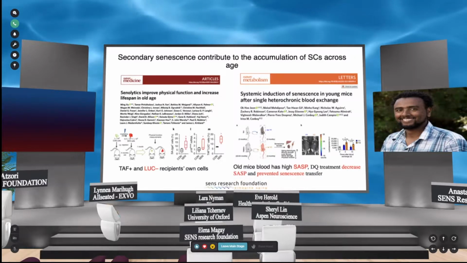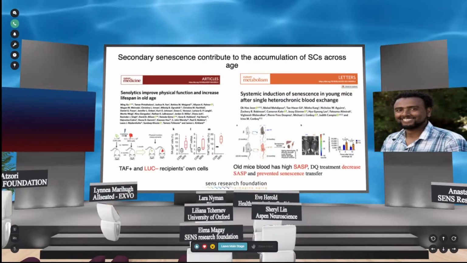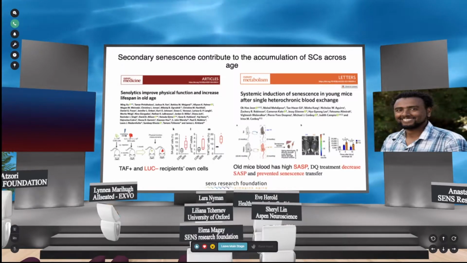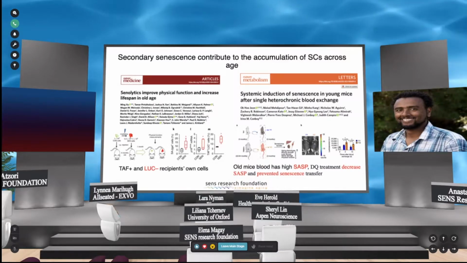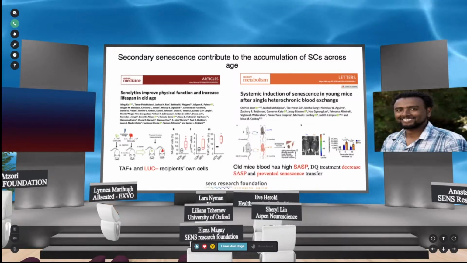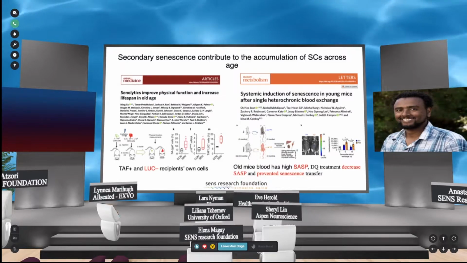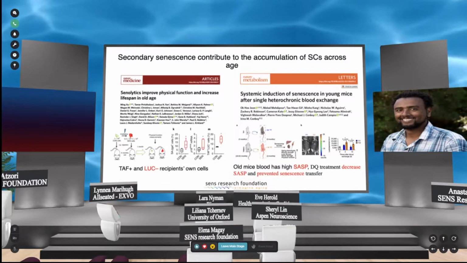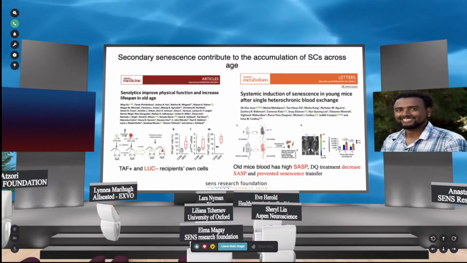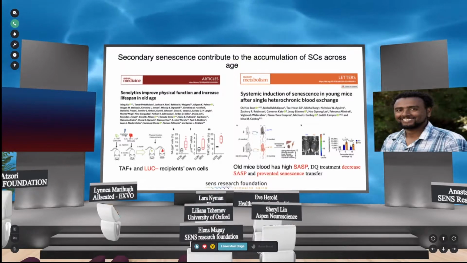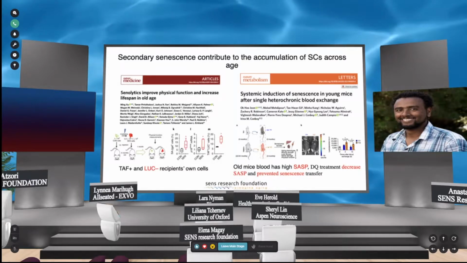Most importantly, they also found senescent cells that are positive for multiple senescence markers but negative for the luciferase reporter, which indicates that these cells are the recipient's own cells that became senescent through secondary senescence. So this is an important observation.